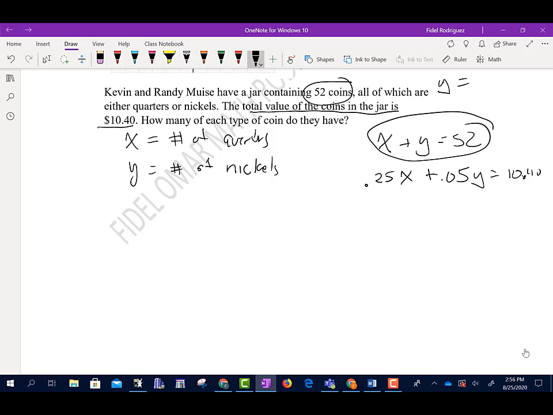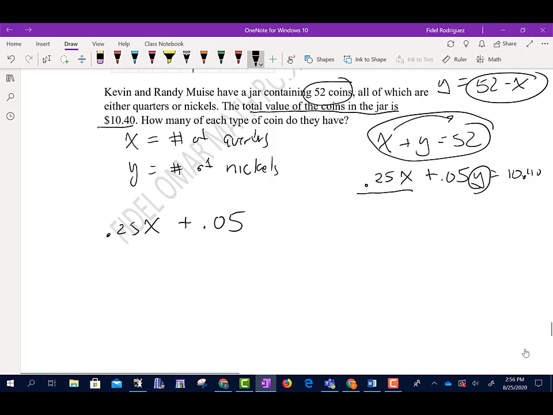If I solve it for y, I'm going to move that x over. So that's going to be 52 minus x. And I'm going to write a new equation: 0.25x plus 0.05, and now instead of using the letter y, I'm going to put 52 minus x, is equal to 1040.